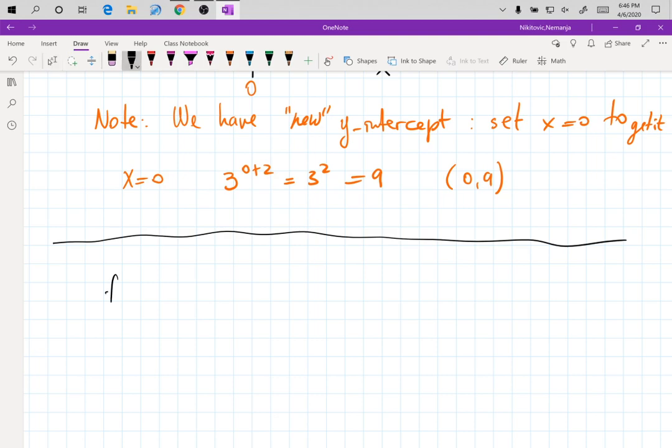So say f of x is equal to, I don't know, 4 to the x minus 2, minus 3, whatever.